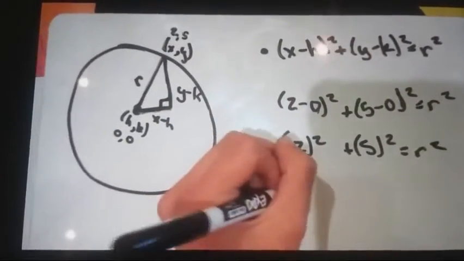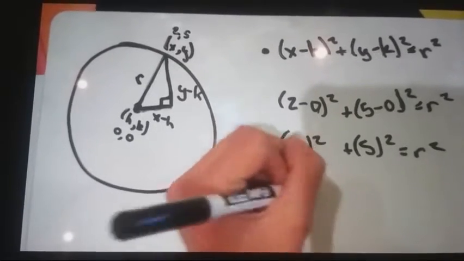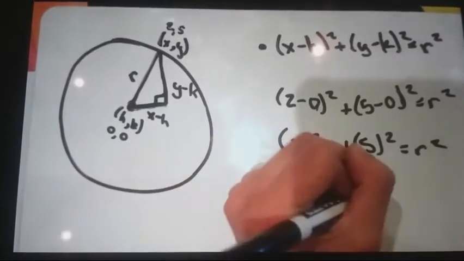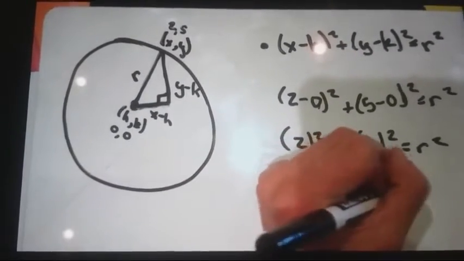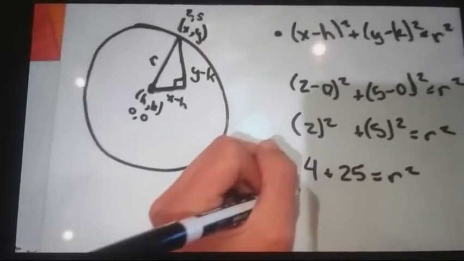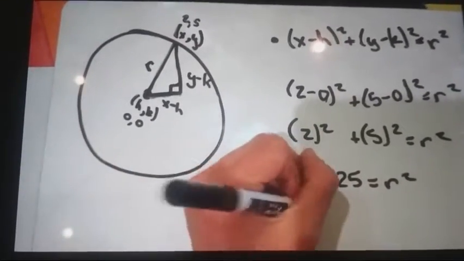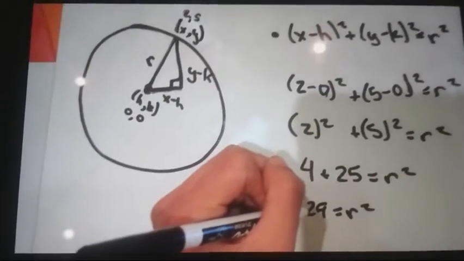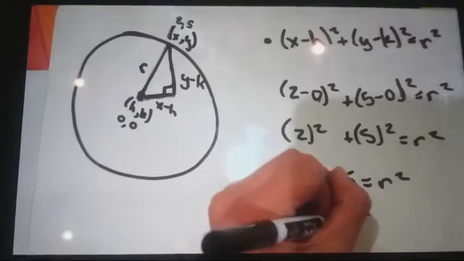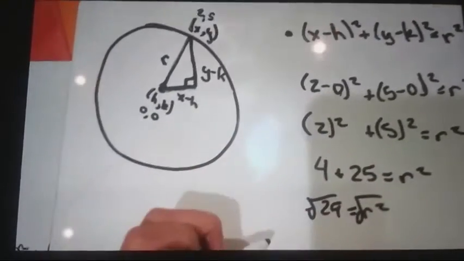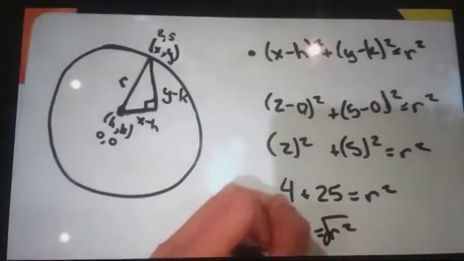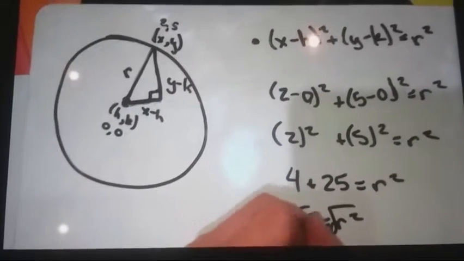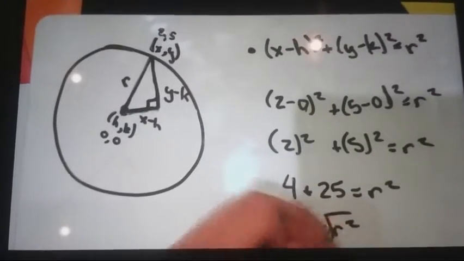If we square 2, it's 4, and we square 5, it's 25. And then r squared. 25 and 4 is 29. To do this, we're going to square root, just to take out the squared on the r, which happens to be 5.38. So r equals 5.38.